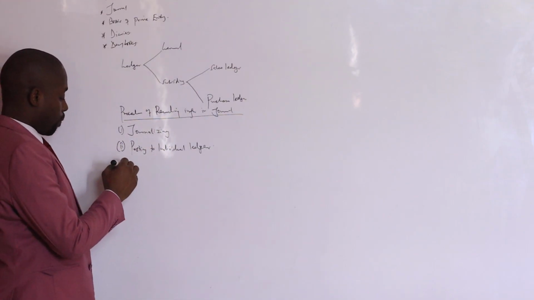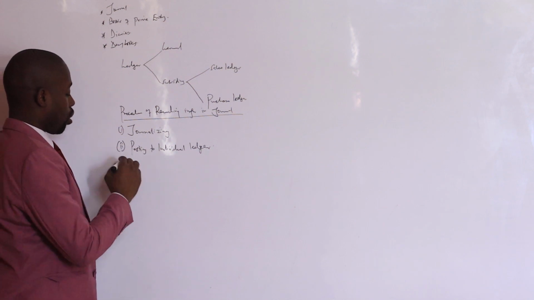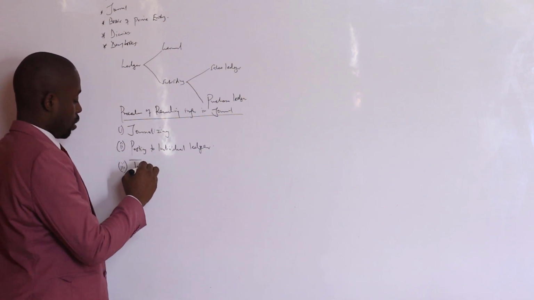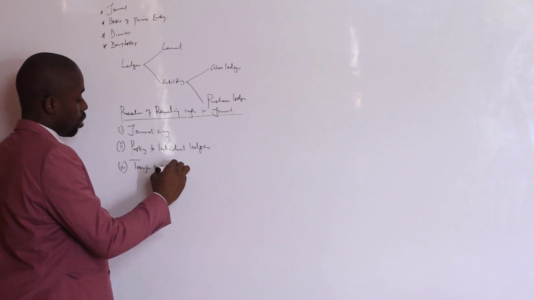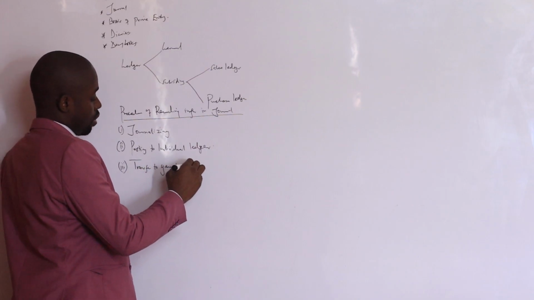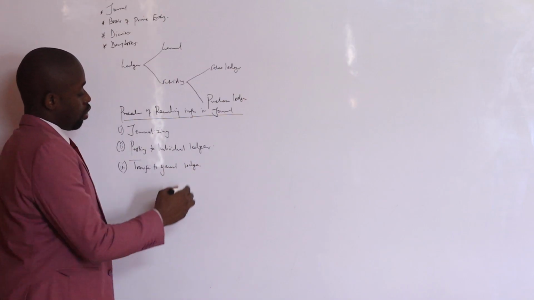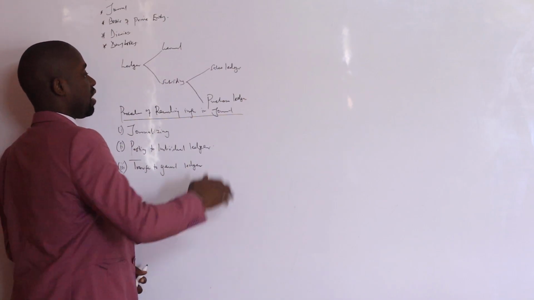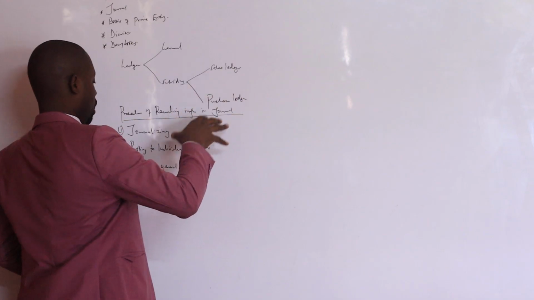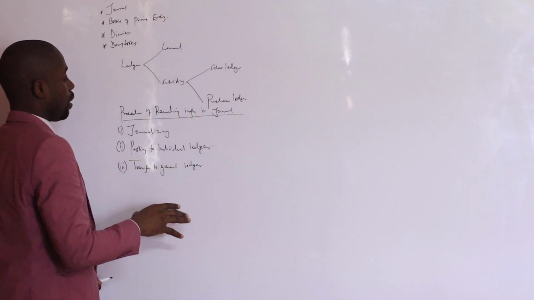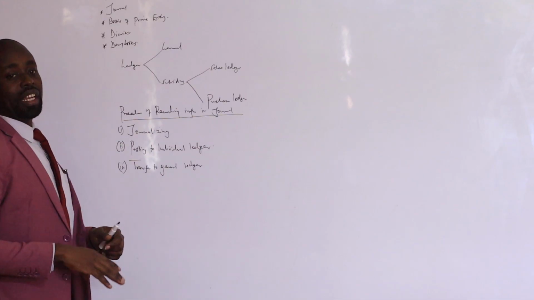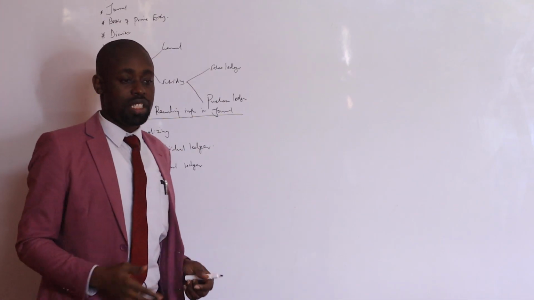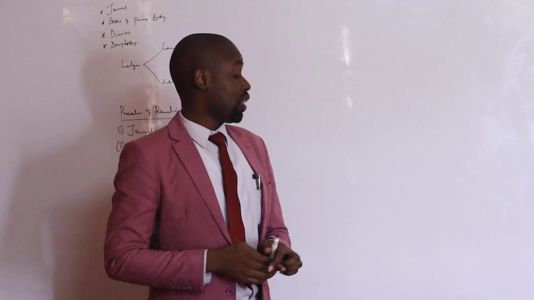After posting, we'll do what we call transfer to general ledger. So I said what we are transferring is from the sales ledger and purchase ledger. After doing the posting, the information must be taken to general ledger where you have all other ledgers of assets, liabilities, capital, incomes, expenses.